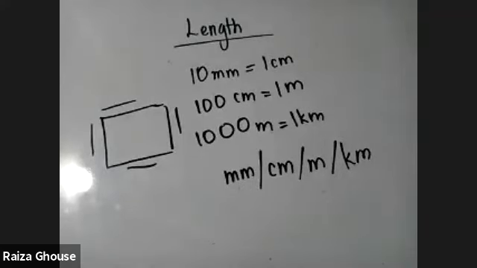Now write down below that. Next point. The units used to denote perimeter are millimeters, centimeters, meters, and kilometers.